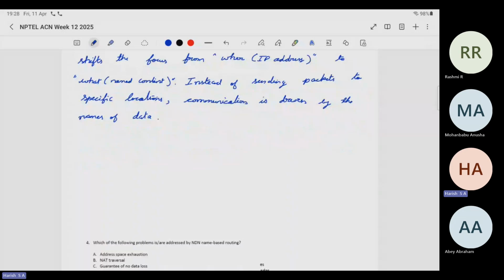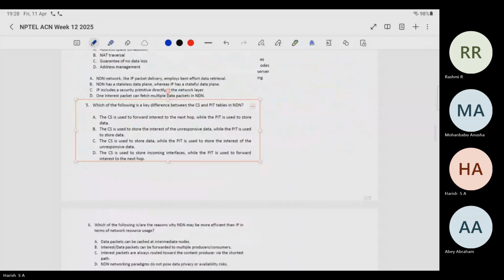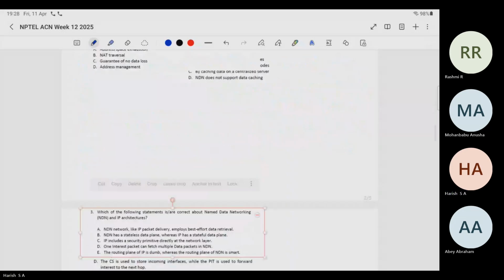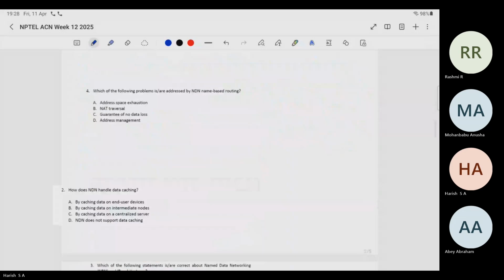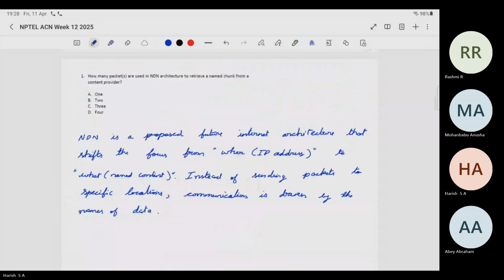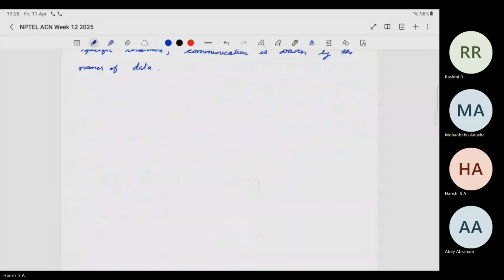Also, some more context. If you look at how NDN works, I'm just summarizing the whole videos in one or two sentences, so you can just bear with me.